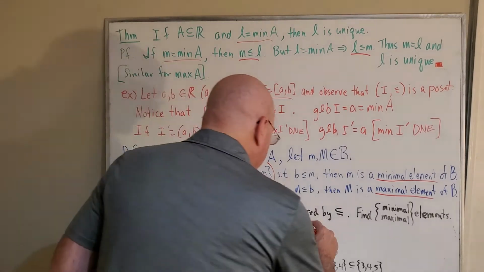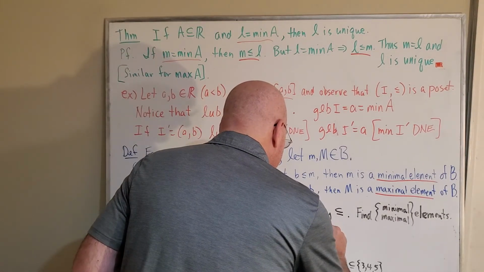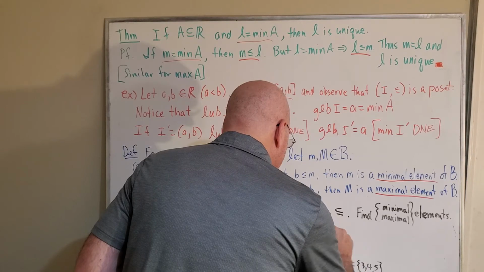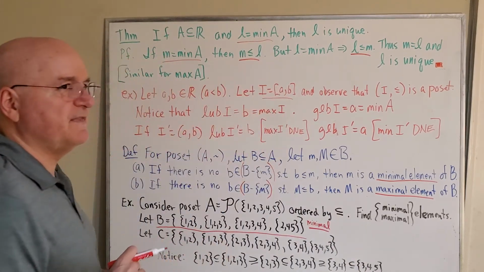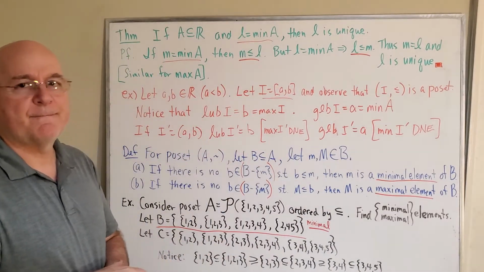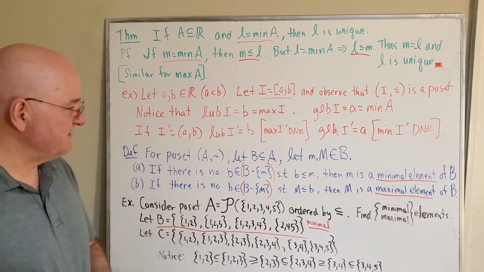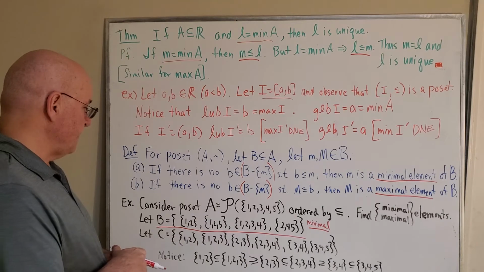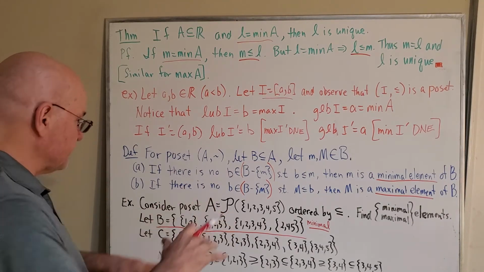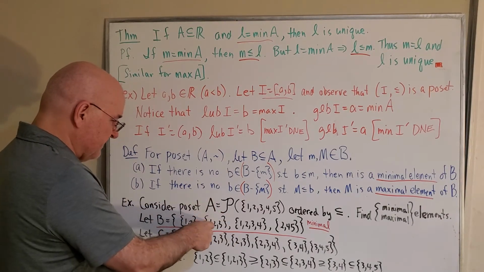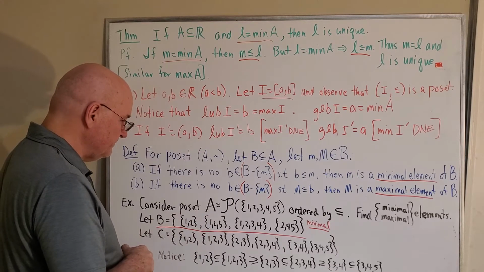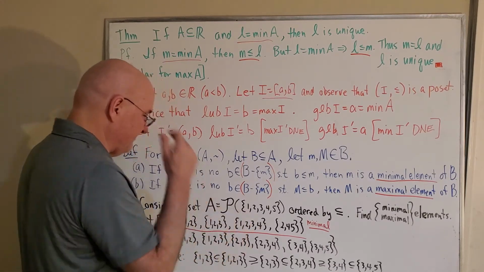Let's look for a minimal element. And by the way, you think there could only be one minimal element? Seems like there should be, but no, it's not the case. We'll see right here. Okay, well, let's look at how the subsets go. This one is a subset of this one, which is a subset of this one.